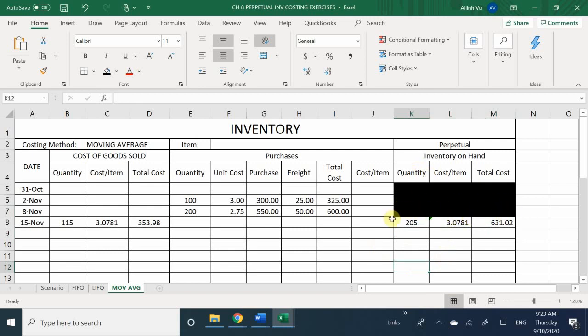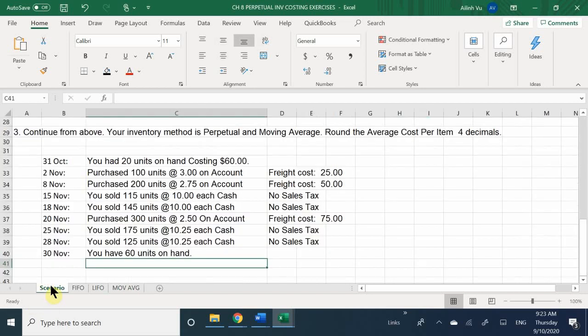So that's why I'm not deleting anything, because it's important that you know that I use my self-references from here. Okay. So now I have 205 items remaining at $631.02. Okay. So what has happened next?